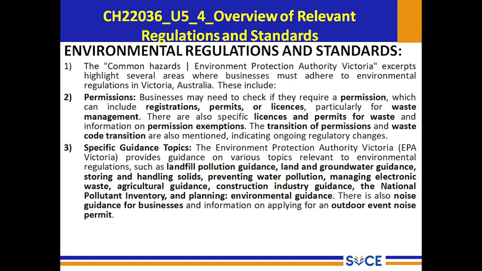That includes first permission. Businesses may need to check if they require permission, which can include registrations, permits or licenses, particularly for waste management. There are also specific licenses and permits for waste, and information on permission exemptions. The transition of permissions and the waste code transition are also mentioned, indicating ongoing regulatory changes.